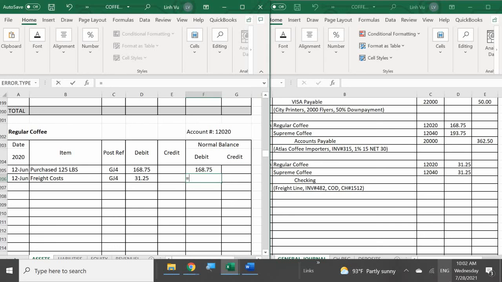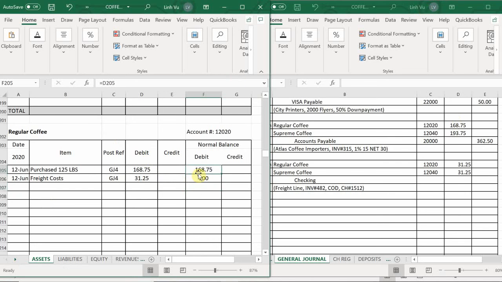Now this is where the formula is going to work here too. Since it's going to be a debit, a normal debit balance because it's assets, you're going to go up one. We're going to add any debits and subtract any credits, because debits increase, credits decrease. So therefore, I should have a total of $200 in my regular coffee account.